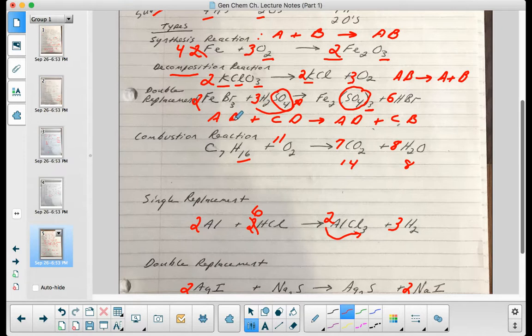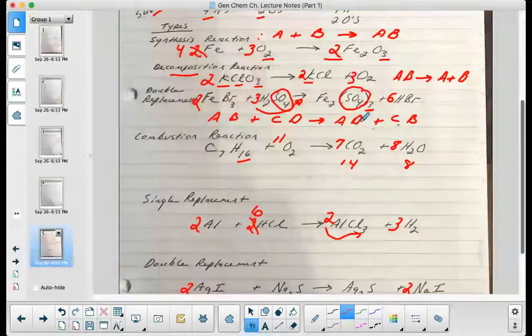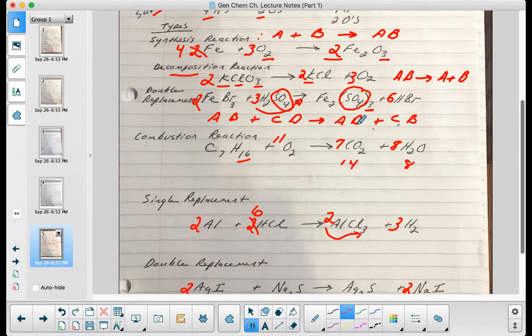A is with B here. Now A is with D on the product side, and C is with D here, but C switches with B. So it's really all about the positive and negative ions switching partners. And we'll talk more about this type of reaction next chapter 4.